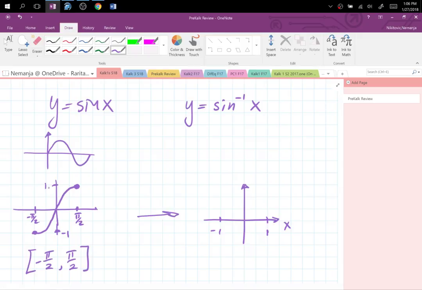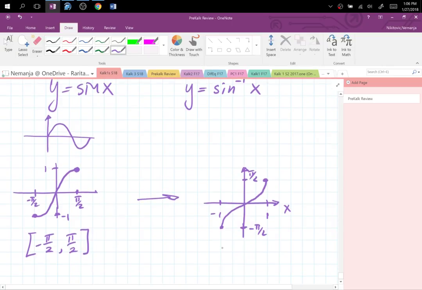So if your y's were negative 1 and 1 on a function, then they become negative 1 and 1 on x. And then these puppies here are negative pi over 2 and pi over 2. So we start here, and then drop down, rise up. There we go. Note that I'm putting these dots at the end to make it clear that it ends there.